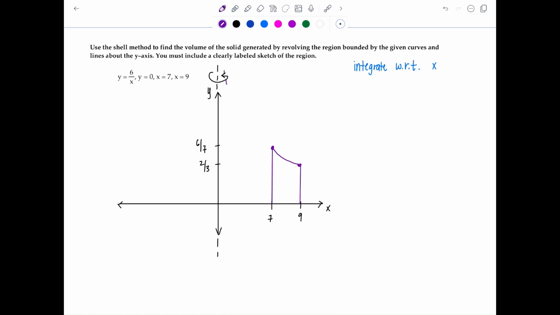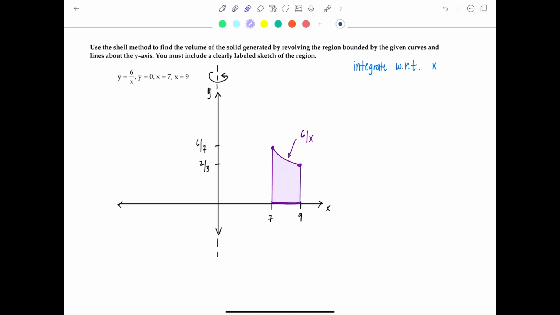And then there's more to the graph of 6 over x, but I'm not interested in that, so I'm not even going to draw it. And then y equals 0, that's right here, that also bounds the region. So this right here is 6 over x, and then we've got the two vertical lines. Here we can shade in the region, and that's really all we need.